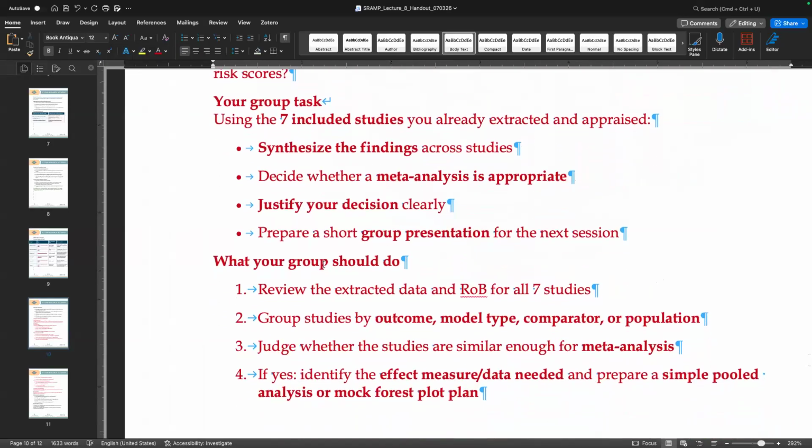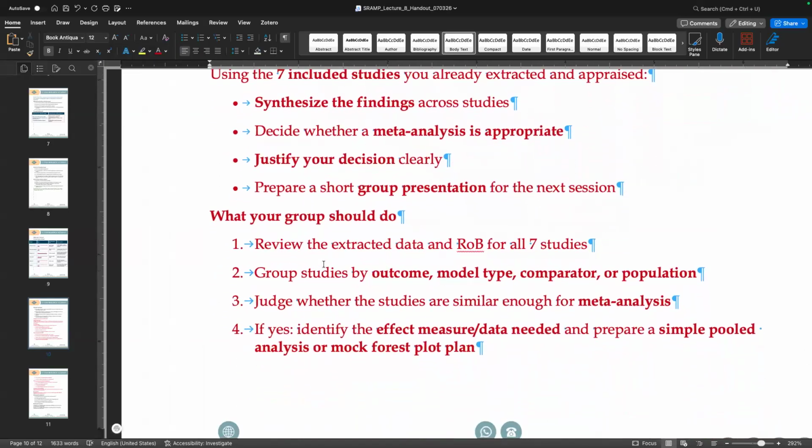The group will review the extracted data and the risk of bias for all the seven studies, group studies by outcome, model type, and target population, and judge whether the studies are similar enough for meta-analysis. If yes, identify the effect measure to be pooled and prepare a simple code analysis or mock analysis plan.